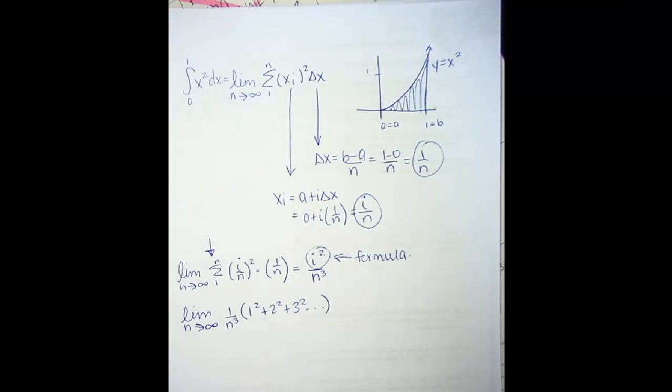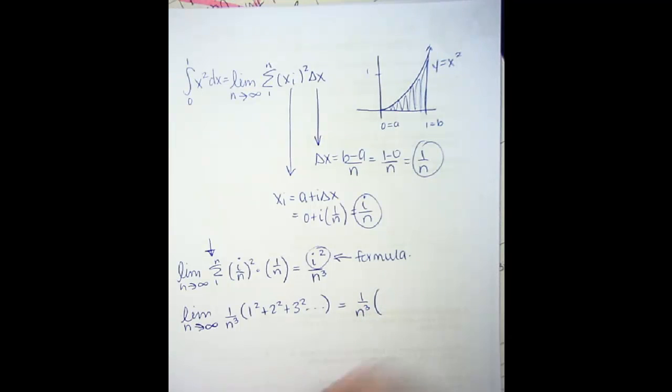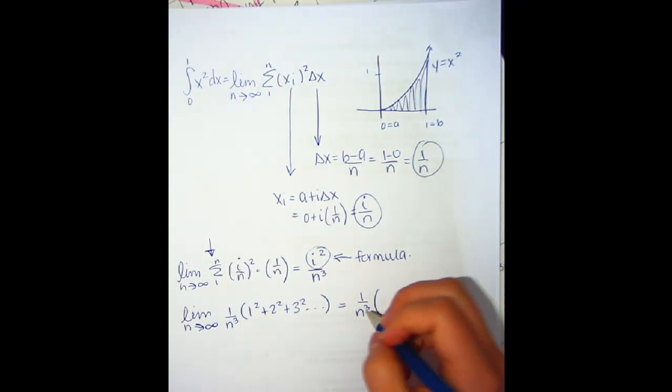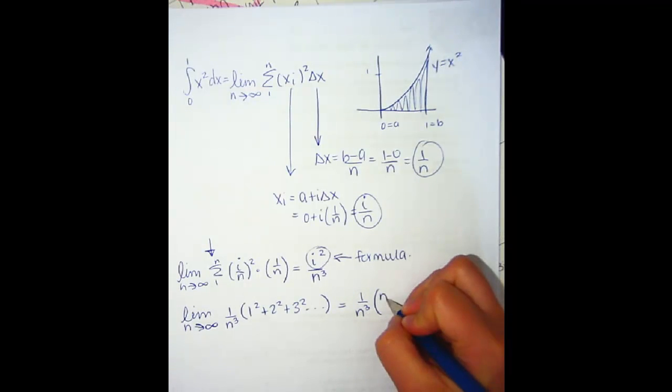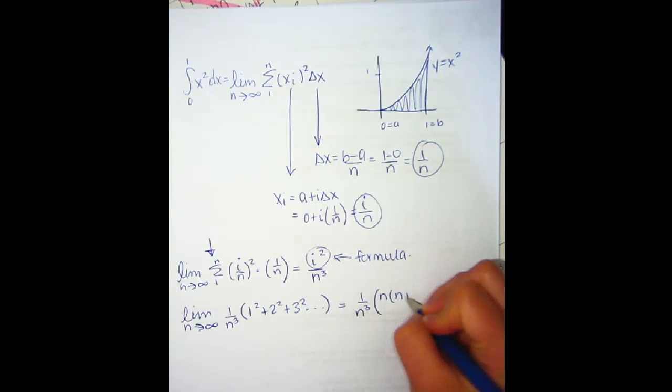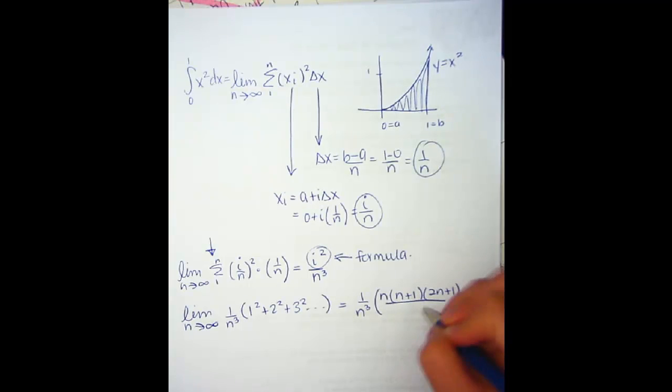Okay, and instead of writing that, we're going to just say it's 1 over n cubed times the formula on the front, which is n times n plus 1 times 2n plus 1 all over 6. Okay, and that's just from the front of the sheet.